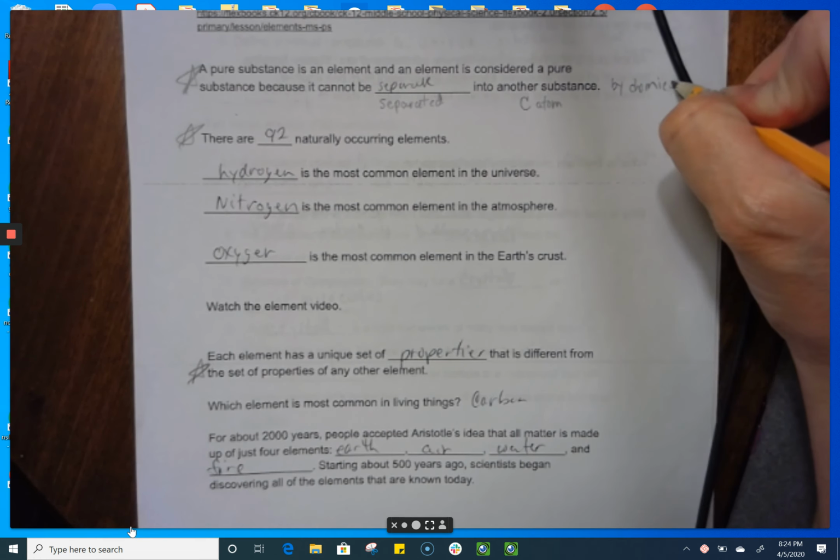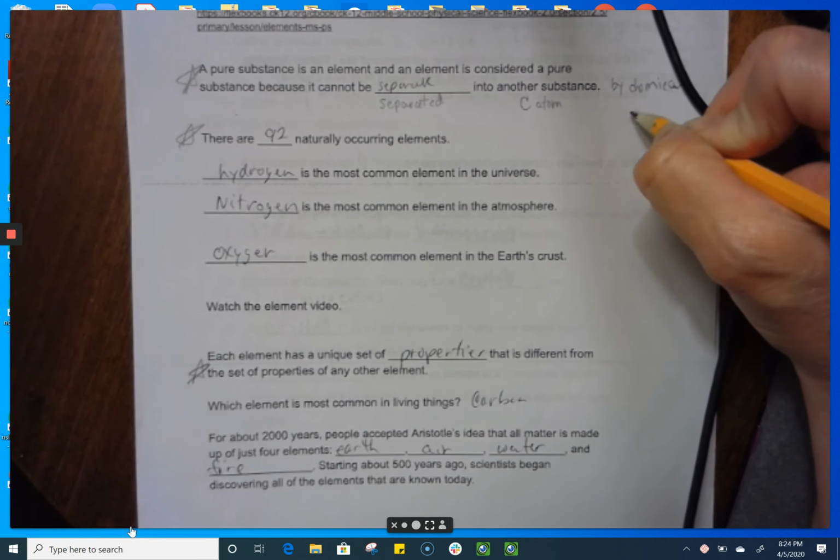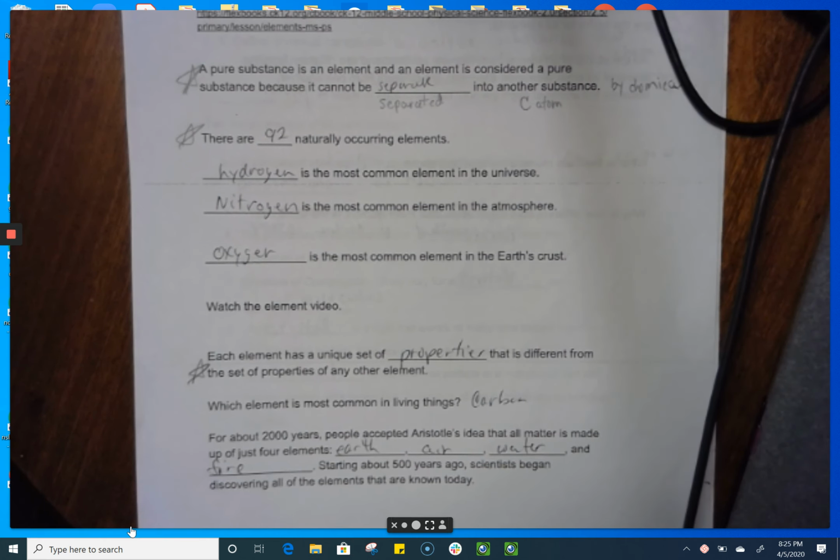So, for chemistry, when you have an atom, you're not going to be able to divide it chemically, and that's the smallest part of an element. So if you had a gold bar and you kept dividing it down and dividing it down till you got to the smallest part that would still have the properties of gold, you would have an atom of gold.